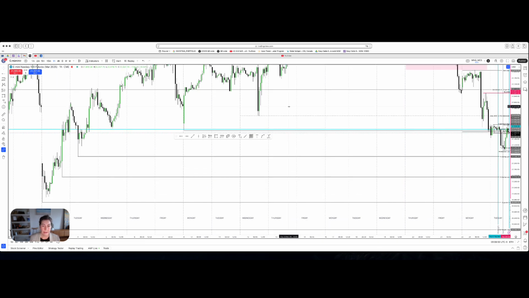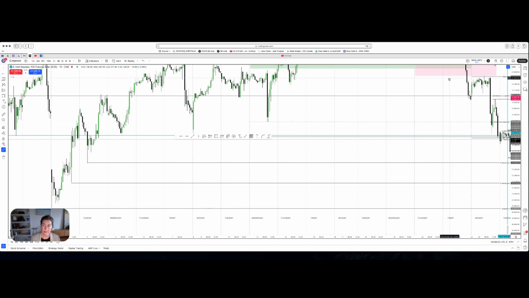And then on the hourly, let's put in our fair value gaps because price is going to want to fill those areas of imbalance. So put this in. This is a BISI, buy side imbalance, sell side inefficiency.